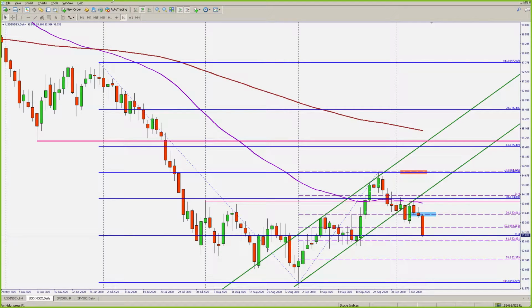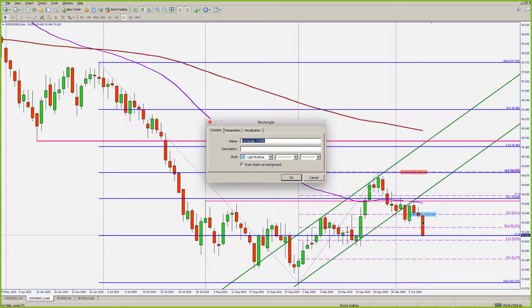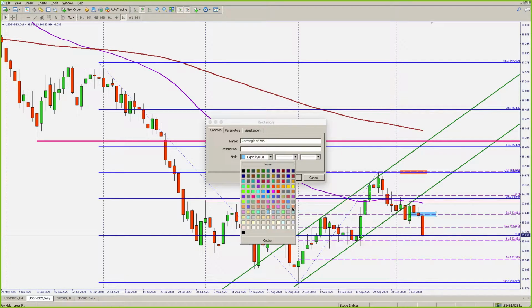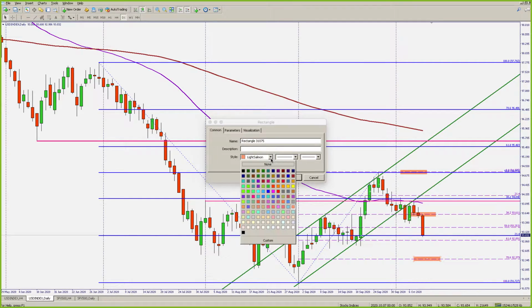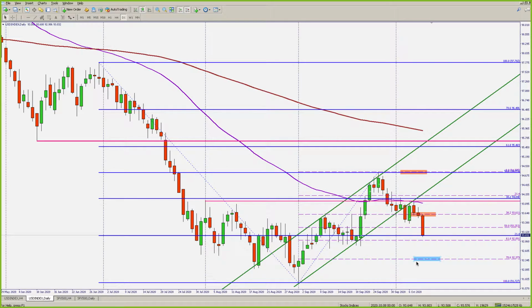We can now mark this as a resistance zone, and also probably mark this as a support now at the 78.6 retracement. That's close to the 92.40 level.